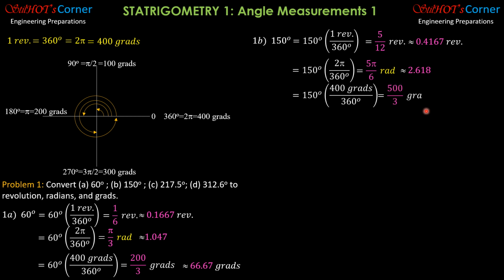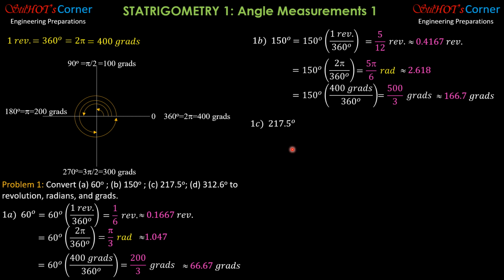In fraction, that's 500 over 3 grads. In decimal, 166.7 grads. Of course, this is calculator aided, but these exact values in fractions can be computed without the calculator.